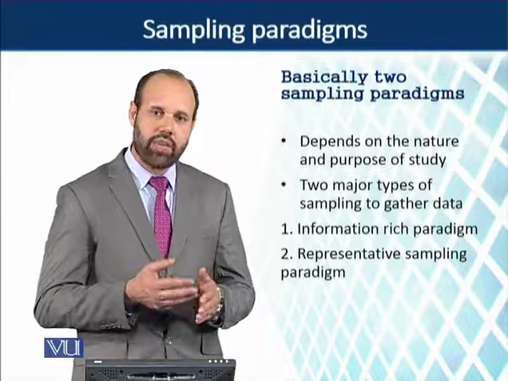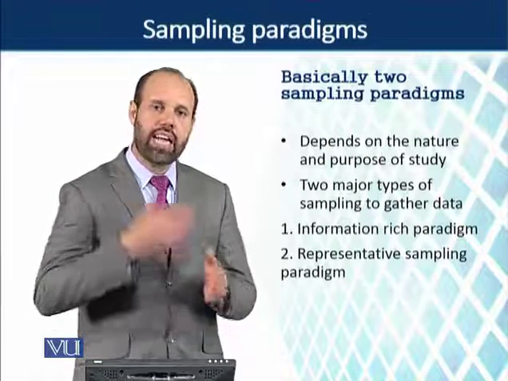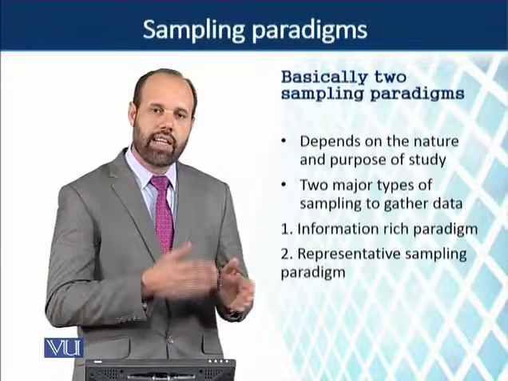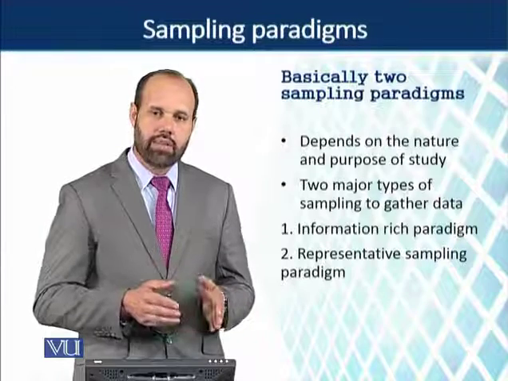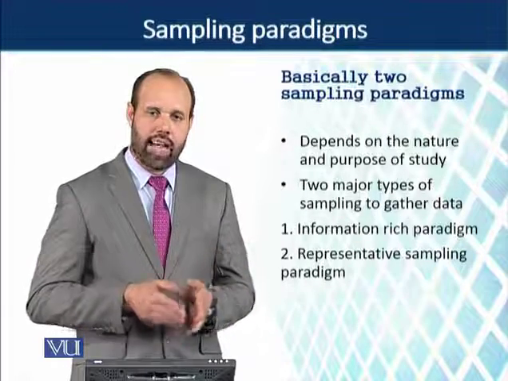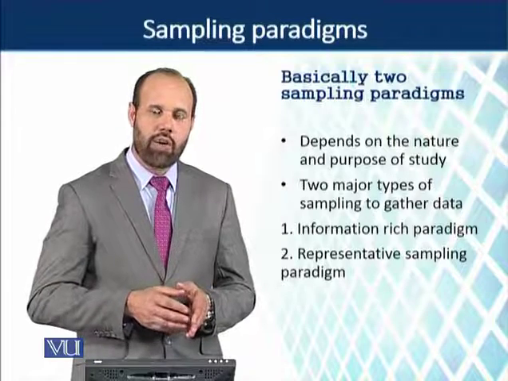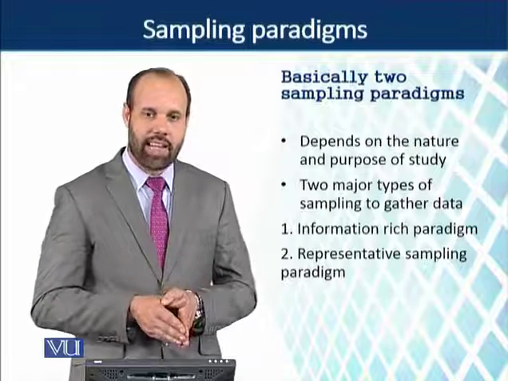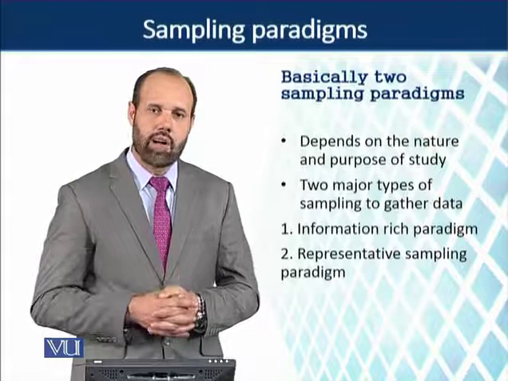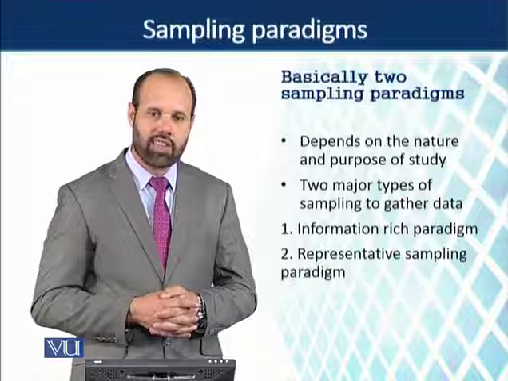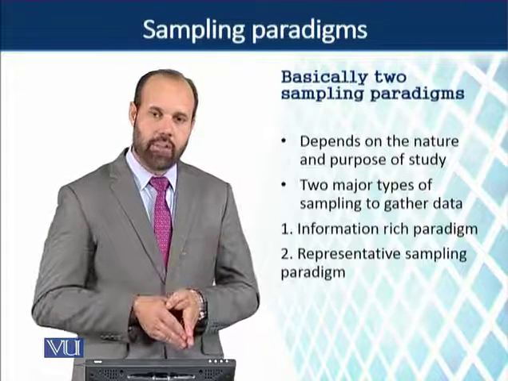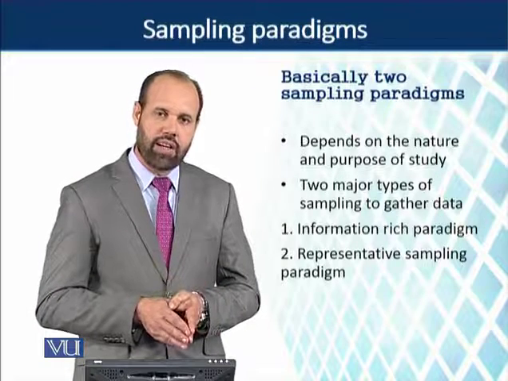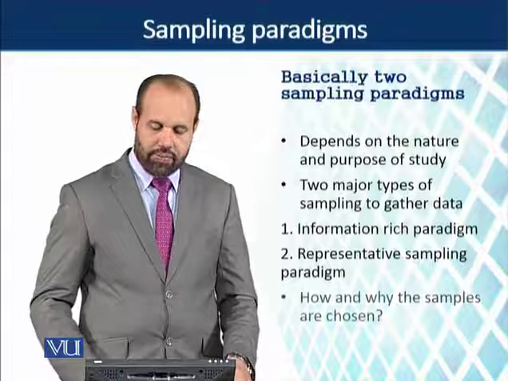Because in some studies we need the detail of an in-depth examination of a particular phenomenon, but in other cases we would like to cover as much of the population as possible. In this case, we focus more on representation, and that representation is really important. So these are the two broader level divisions of sampling techniques: the information-rich paradigm and the representative sampling paradigm, right?